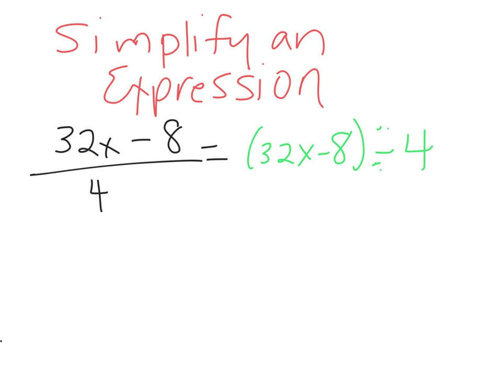Okay, so next let's work on simplifying an expression. In this case, we have 32x minus 8 over 4. We can rewrite that into an expression. We have 32x minus 8 divided by 4. I've just rewritten it.